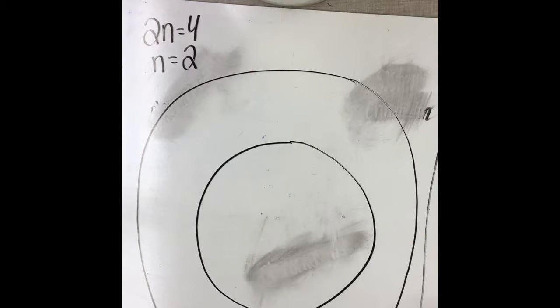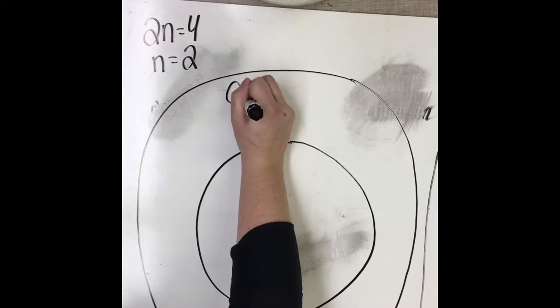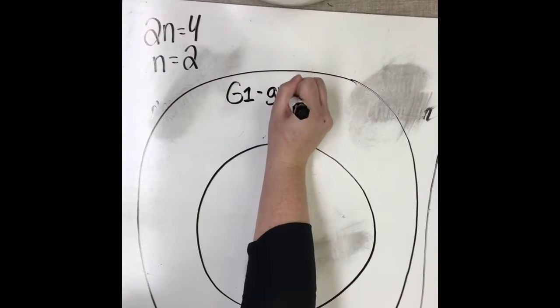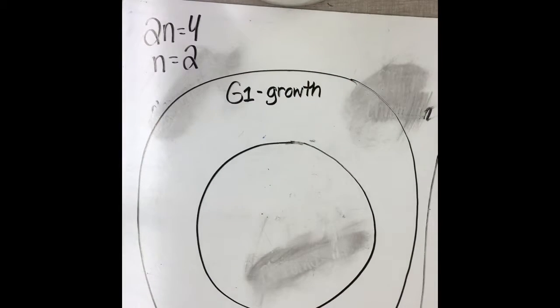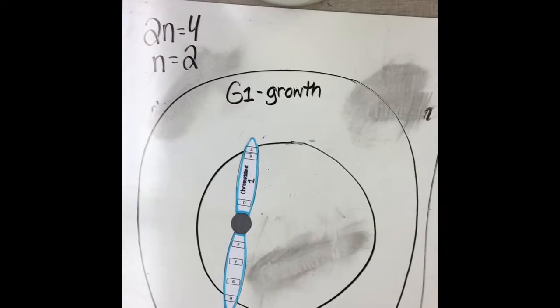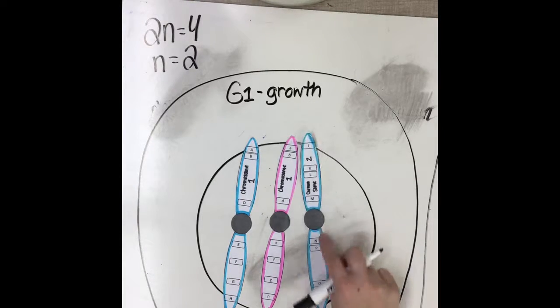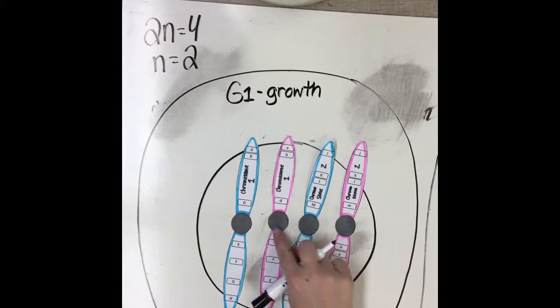So in interphase, there are 3 major steps. You have the G1 phase, which is just for growth. Inside of the nucleus at the time, you are going to have a dad copy of chromosome 1, a mom copy of chromosome 1, a dad copy of chromosome 2, and a mom copy of chromosome 2.